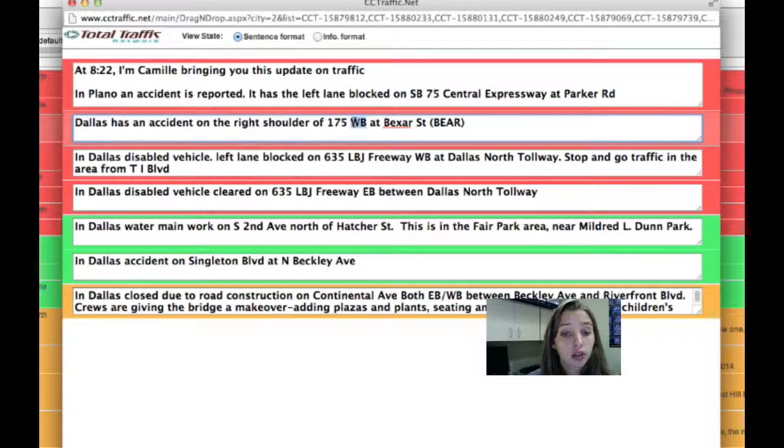So on the right shoulder of westbound 175, at, that's not Bexar, that's Bear. And they actually have a pronunciation guide this time. Okay, at Bear Street.